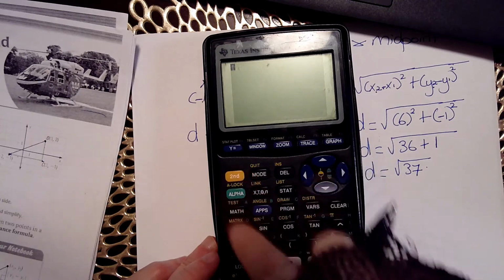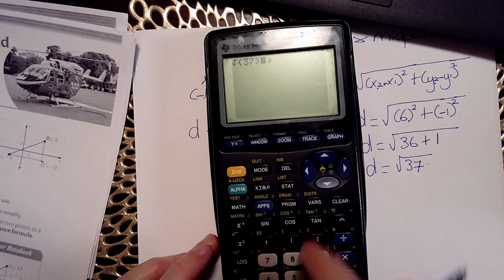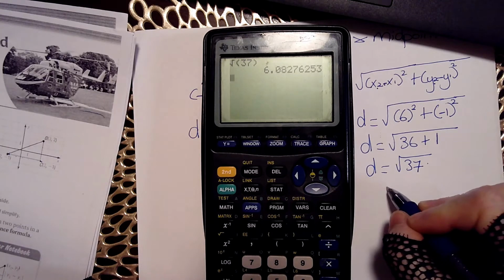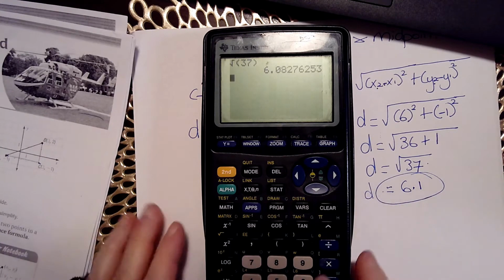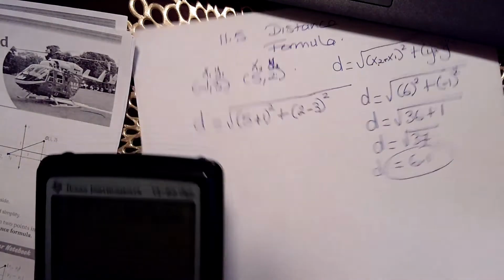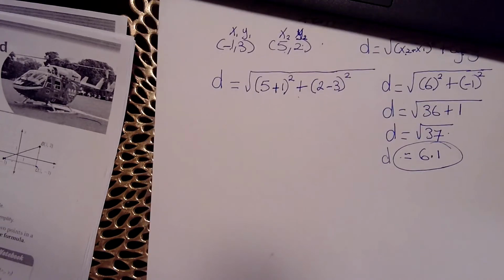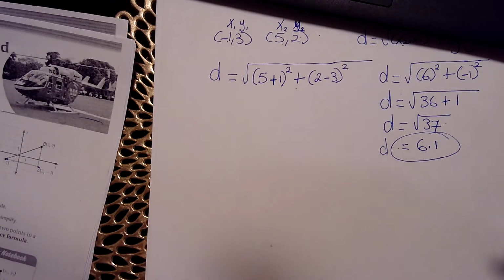So square root of 37. I'm going to put the parentheses, and the decimal is approximately 6.1. Either way, you should be able to do both. I would keep it as a radical or put it as a decimal, just in case you have a multiple choice question that has it in either form you're comfortable with.